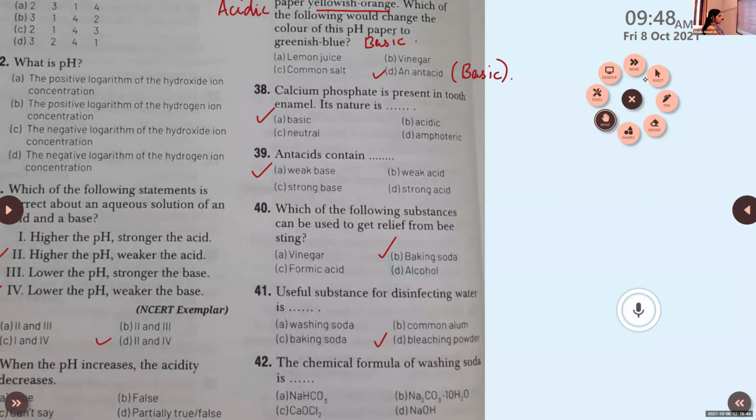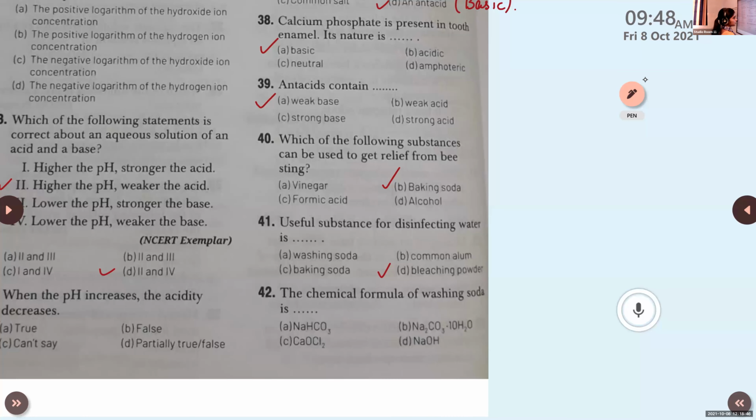Then question number 42. Aditya, can you read? The chemical formula of washing soda is: option A, NaHCO3; option B, Na2CO3, 10H2O; option C, CaOCl2; option D, NaOH.